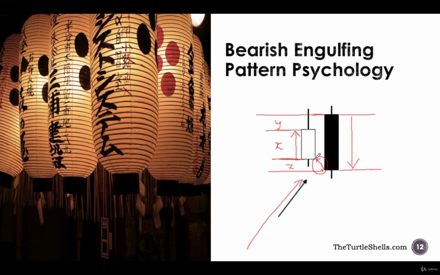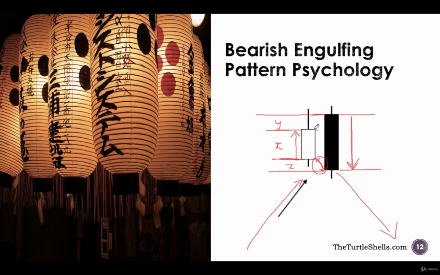So even though the loss for the bulls here is only this much, psychologically in their minds it's a big loss, and they would like to get out of that position as soon as possible. That is the reason why the bearish engulfing pattern is so powerful. Once the bulls get out of the market, who is dominant in the market? The bears. So that's why the price goes down.